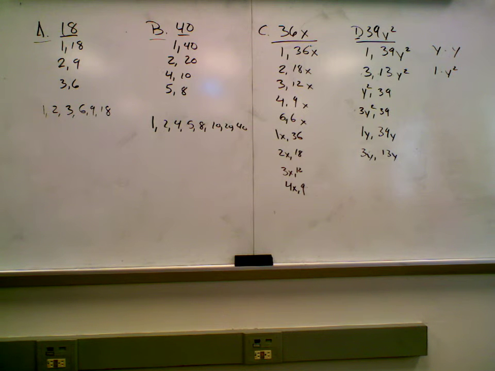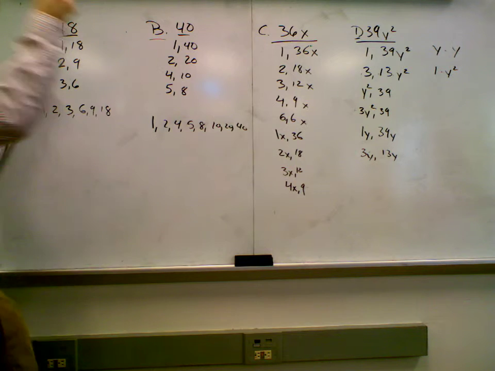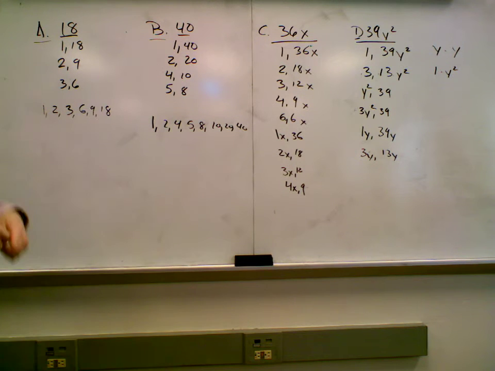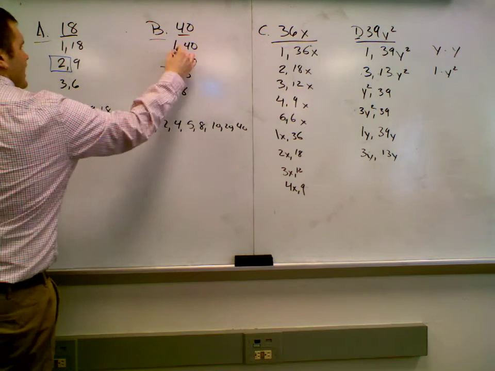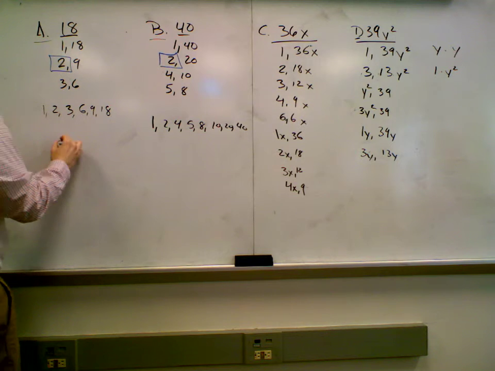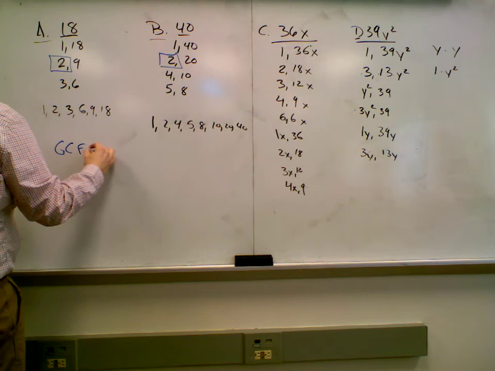Not the largest number of both lists, the largest number that's in both lists. So it has to be here and here. So what's the largest number in both? 2. Good. So that means the greatest common factor of 18 and 40 is 2.